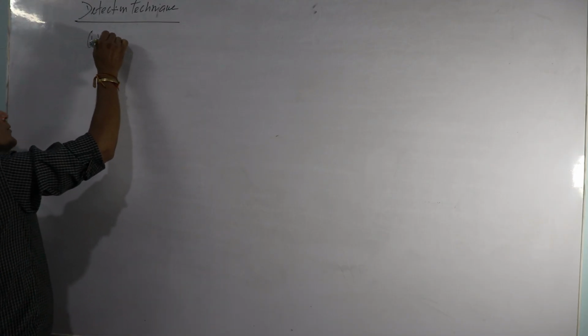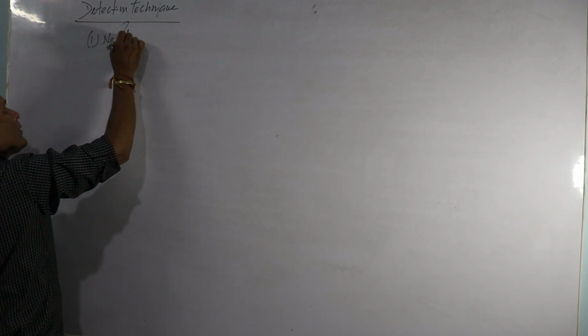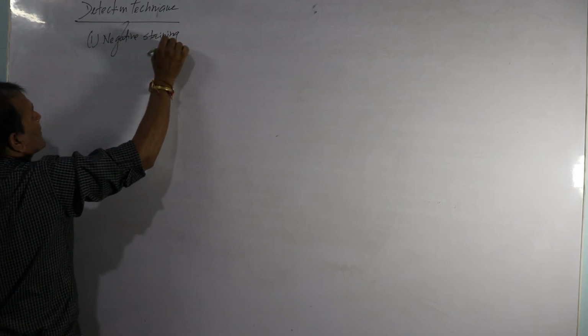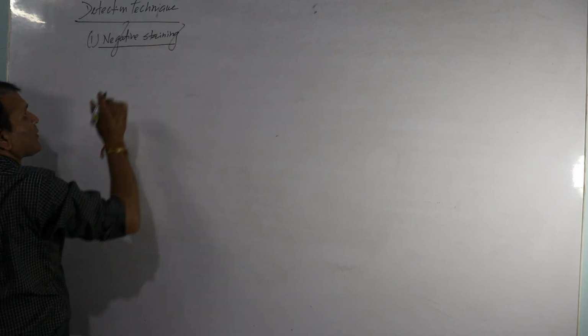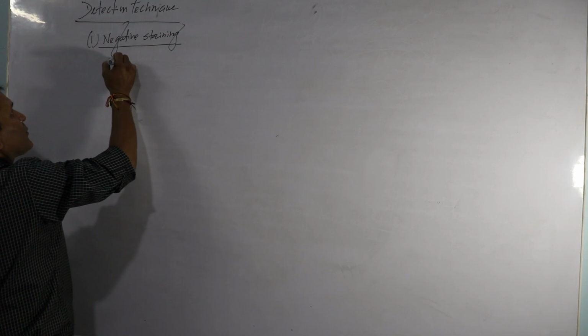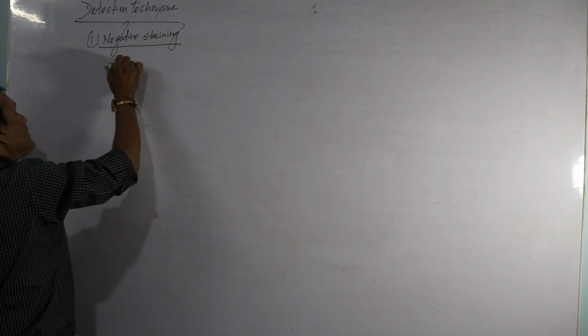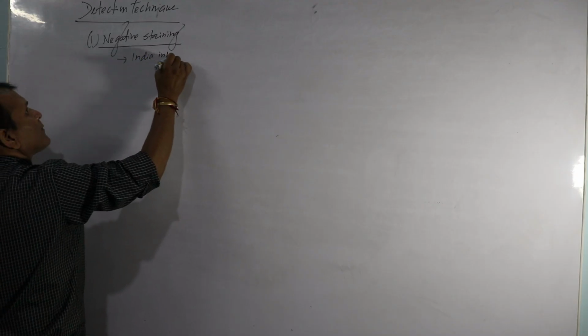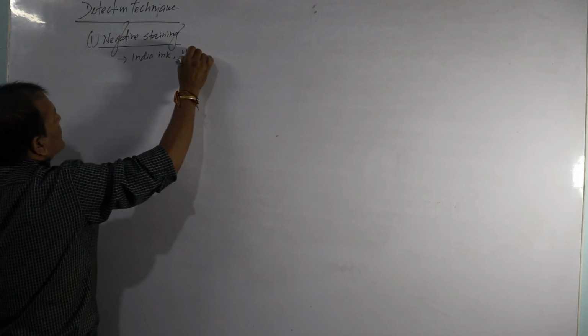First, the most common usual method is negative staining. Negative staining is a procedure in which we use a negative stain. In negative staining, the background is dark and the capsule is a clear halo zone.